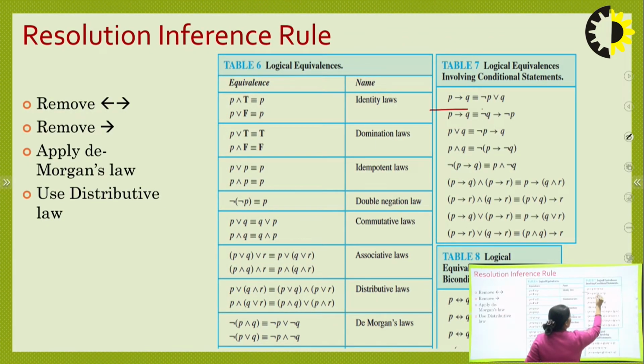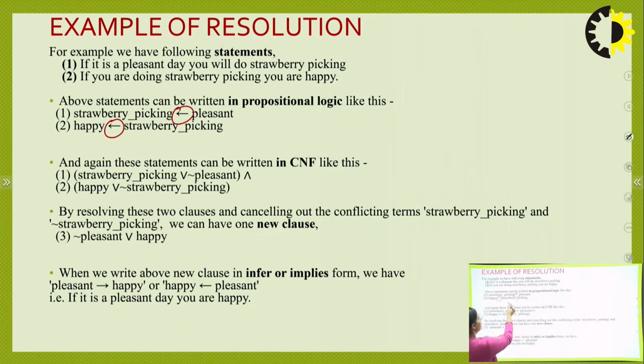This is the formula that we have already studied. If not, you can pause and look at it from here also. So this statement is replaced in the form of the formula that I have studied, and it will be written this way.